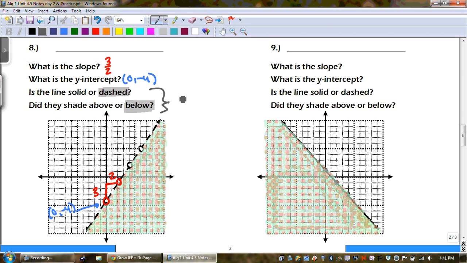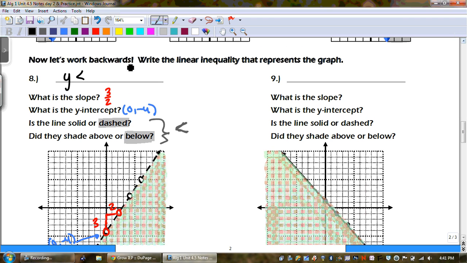But it's below, so that means we're using this symbol. So when we put all of this together, we have y is less than our slope, which was 3/2x, and then our y-intercept, which is -4.